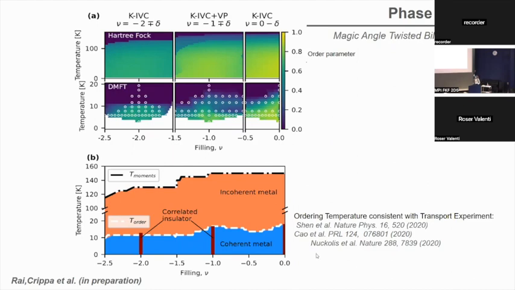So we can now schematically write a phase diagram of temperature as a function of filling, defining these different phases observed in these calculations. At low temperatures in the symmetry broken phase, we have a coherent metal at fractional fillings and a well-defined Mott insulator at integer fillings.